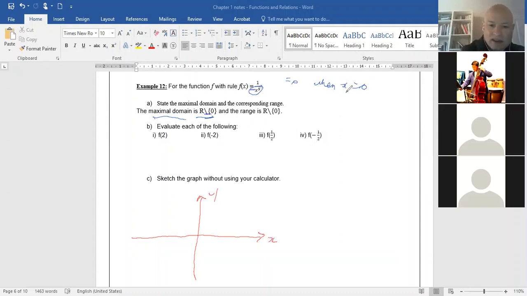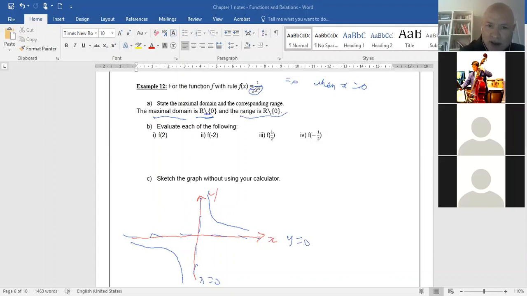Well, that is just a hyperbola. Oops, bad graph. It has an asymptote at x equals 0, and it has an asymptote at y equals 0. And therefore, that's why our range is reals except 0.